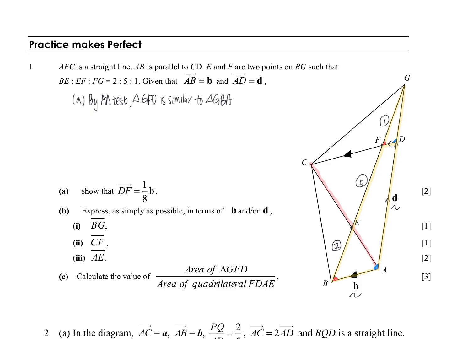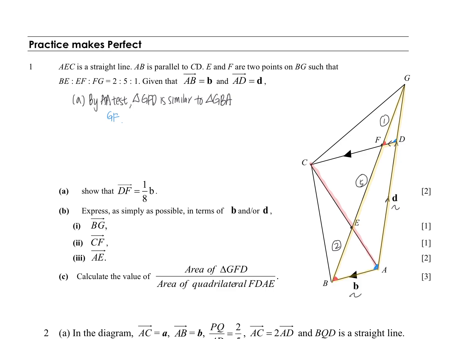So since they are similar, you can find DF ratio with AB to be the same as the ratio of 1 is to 8. Can y'all see that? It's the same. The ratio of the sides to the long one, this side to the long one, the base to this will all be the same ratio. So you can first write this down.